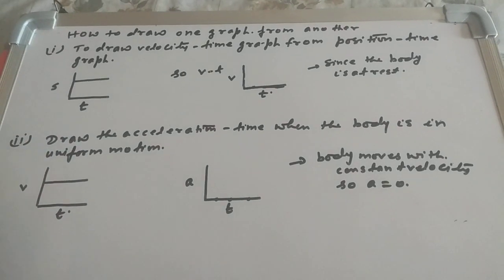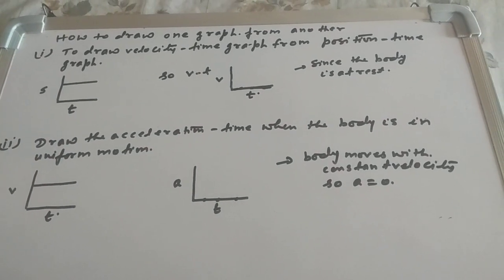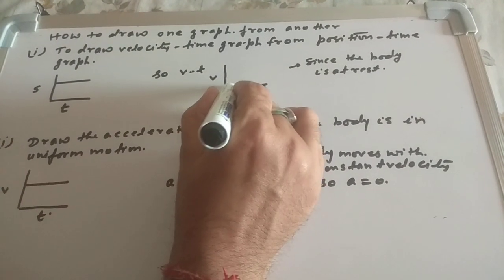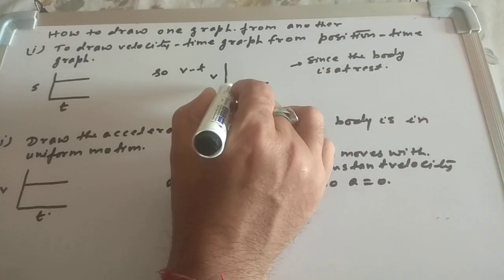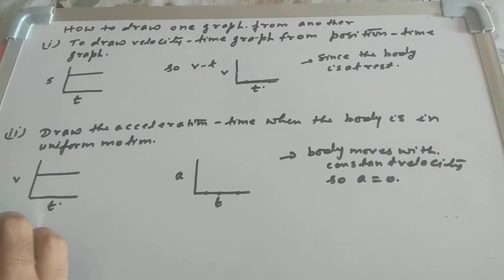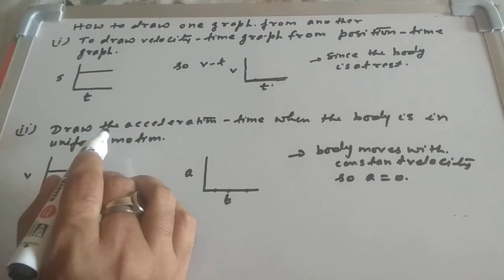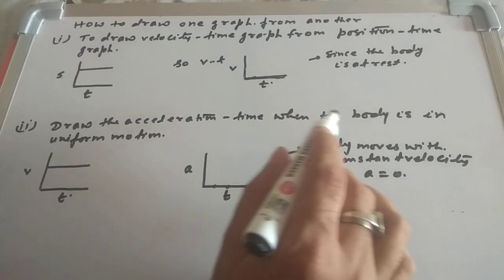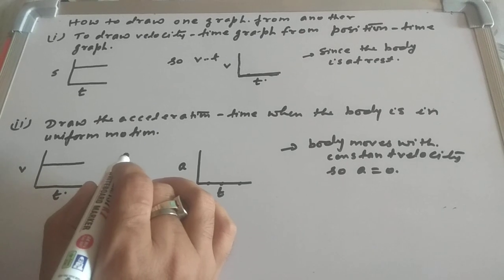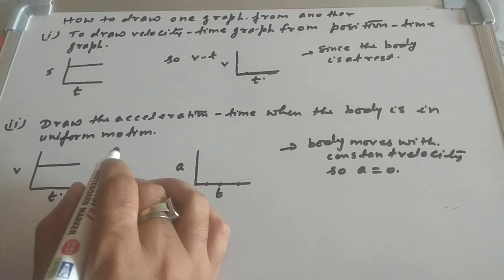Since the body is at rest, the velocity-time graph will be like this. It will be on the x-axis, remaining 0, 0, 0. Now, to draw the acceleration-time graph when the body is in uniform motion, that means the body is moving with constant velocity or speed.